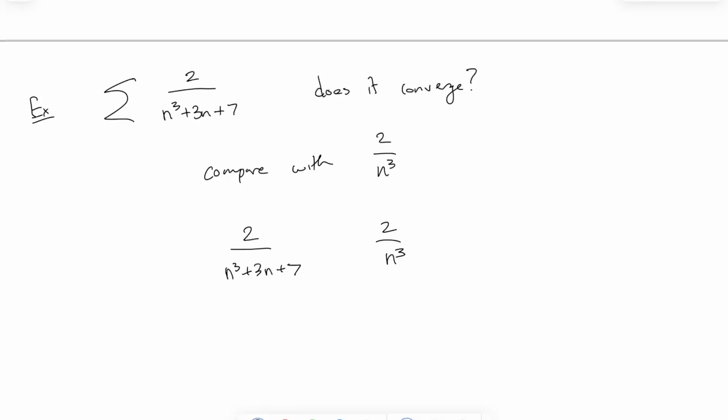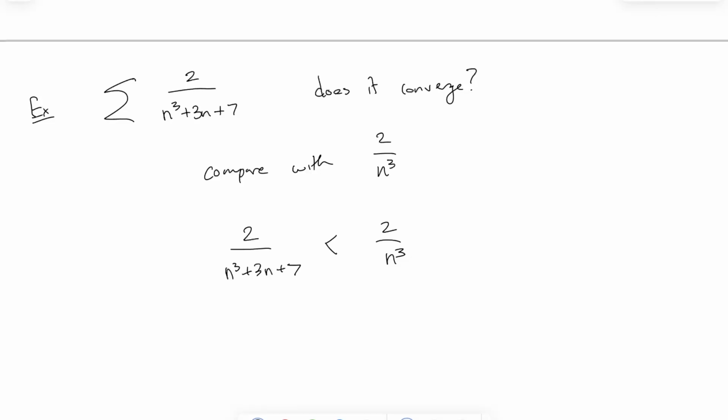It would be greater than, or well, 2 over n cubed would be greater than. The one on the right is bigger, you say. Why is that? Because n cubed plus 3n plus 7 is always going to be a bigger denominator than the one with just n cubed. Yeah, right. The one on the right is bigger because the one on the left has a bigger denominator. This also, in my opinion, is kind of confusing. When I think about these, I have to think very carefully and make sure I'm not writing it the wrong way around.